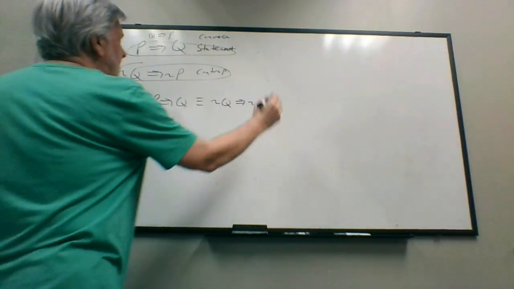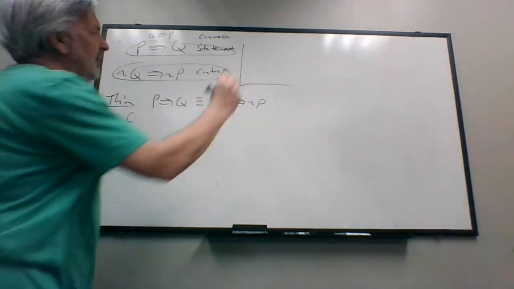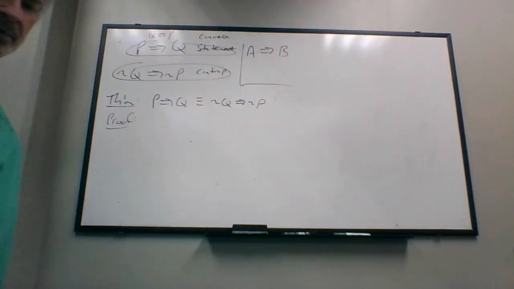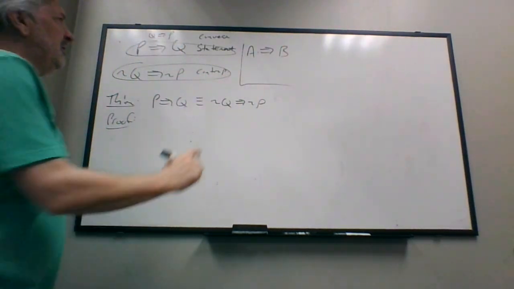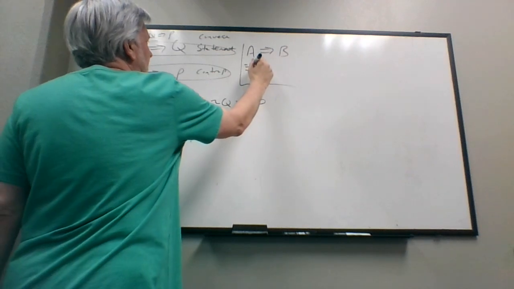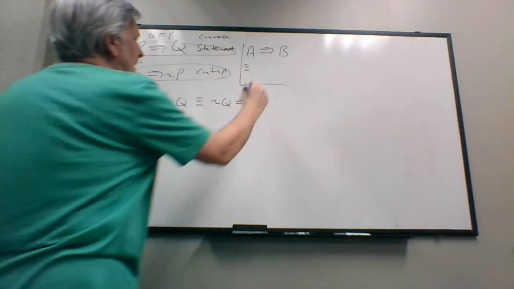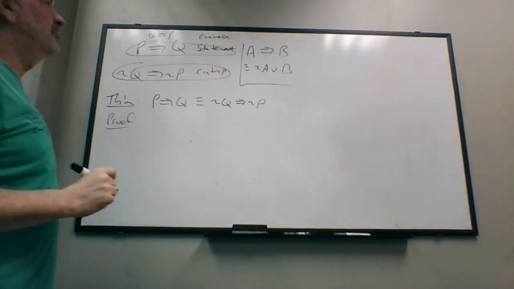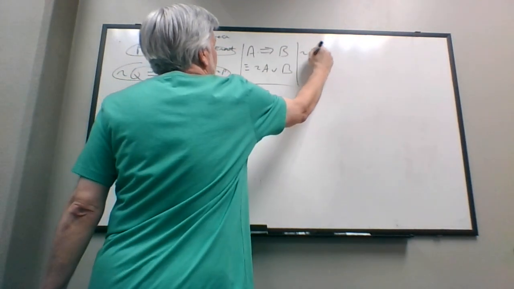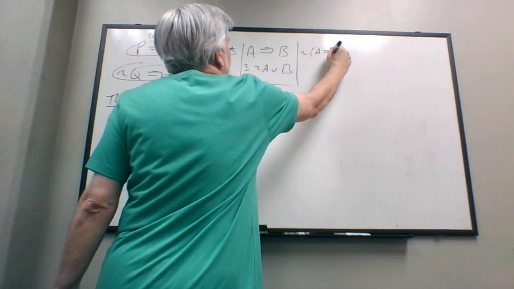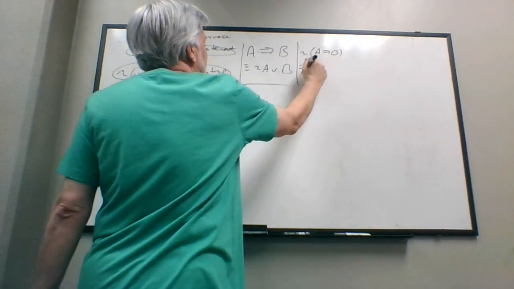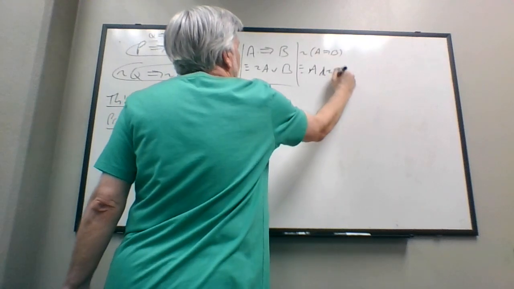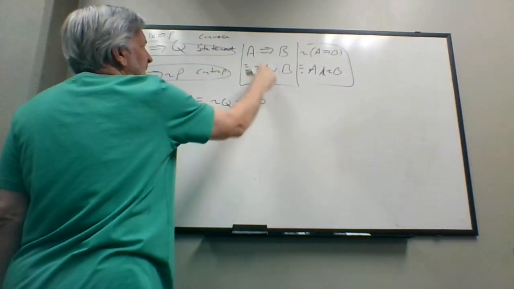Now, remember, we had this little result before that said how we rewrite an implication in terms of an or statement. Remember, A implies B is the same thing as not A or B. And remember, we also learned the negation of the implication was A and not B. Again, if you can remember this one, you negate to get this one.